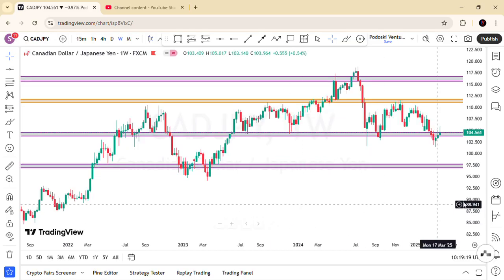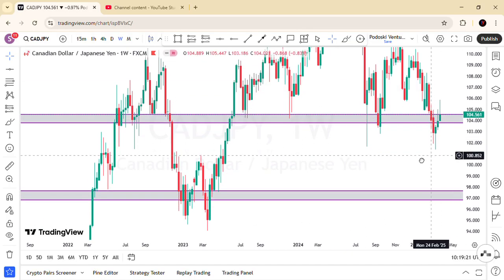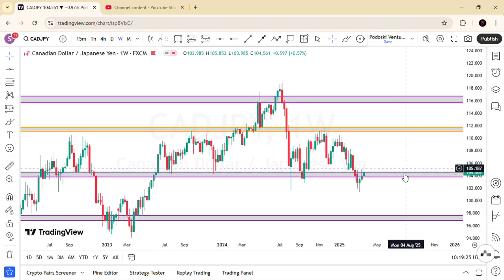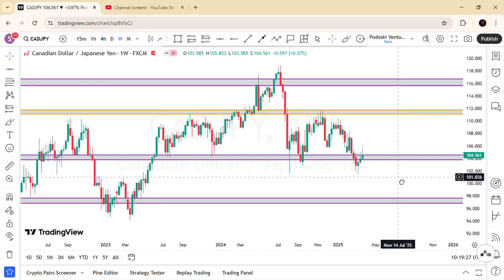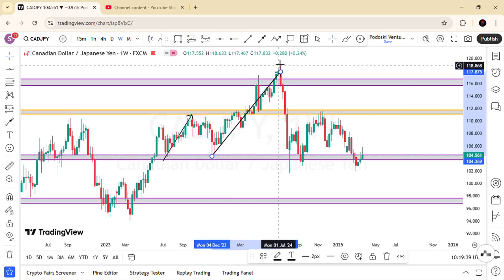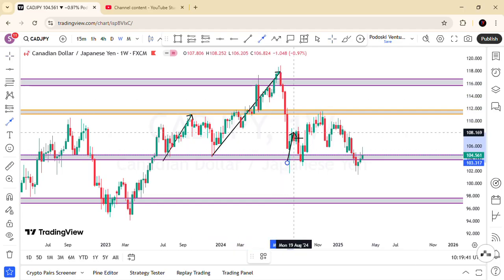So on CAD/JPY, like I said earlier, we are in a bullish market, and you can see the demand zone, a very strong one. All the time price taps into this zone, it always goes up.